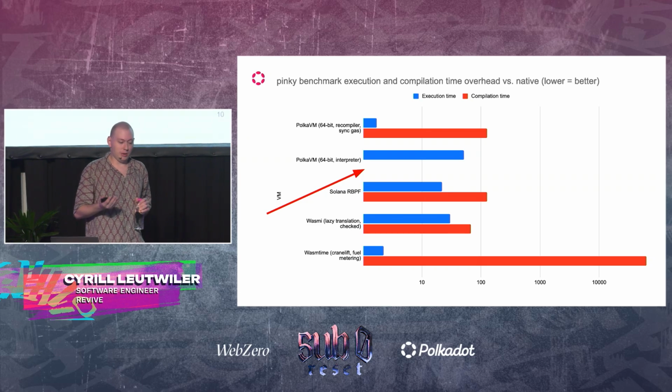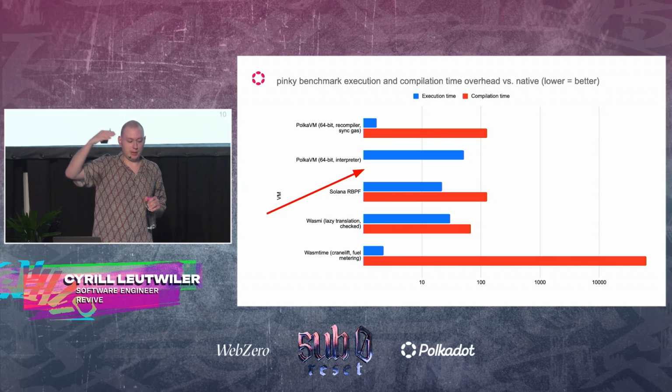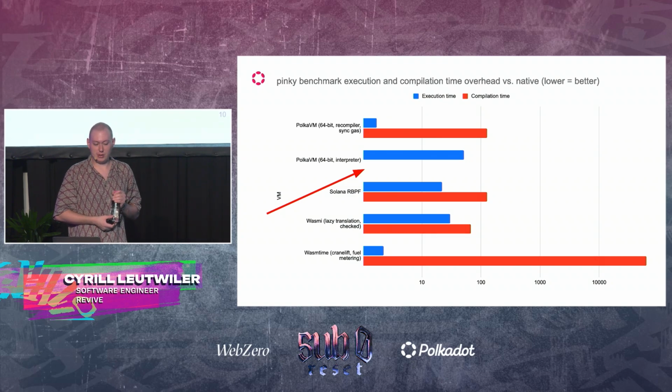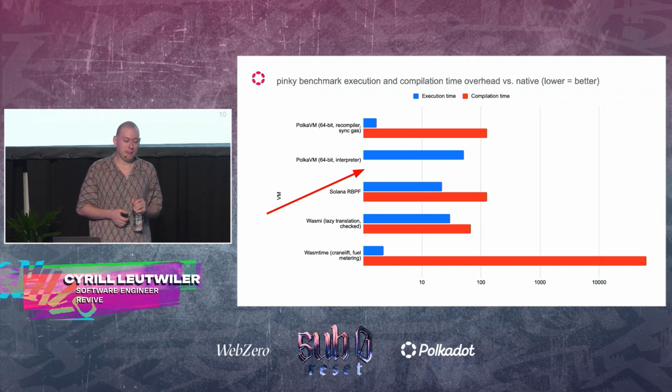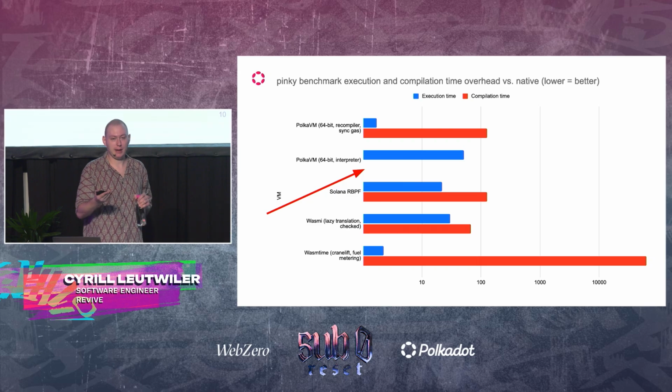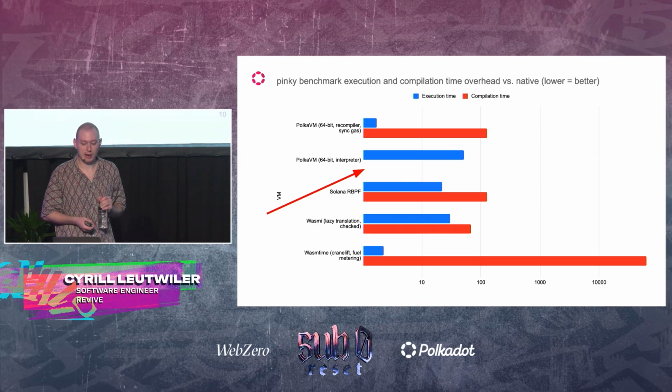Like on EVM, you also just have to collect jump destinations. This is roughly the same amount of work that the PolkaVM interpreter does, so it's almost negligible. If you want to do some number crunching, it may be worth paying for the upfront cost of compiling it using the JIT compiler.